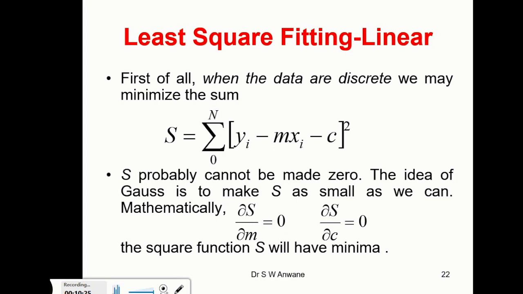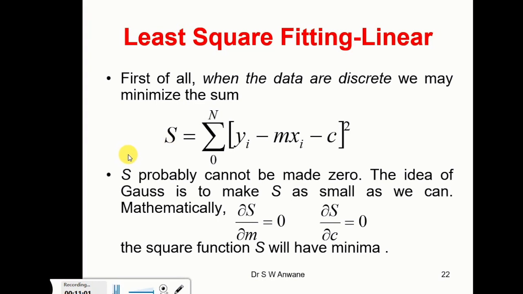So first of all, we shall do a summation for all data points, where the summation runs from i equal to 0 to i equal to m, and then rearrange the equation as summation of (yi minus m xi minus c) squared. This summation is assigned to a quantity, say capital S, and this pertains to the least square fitting.